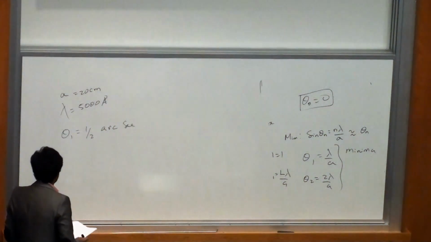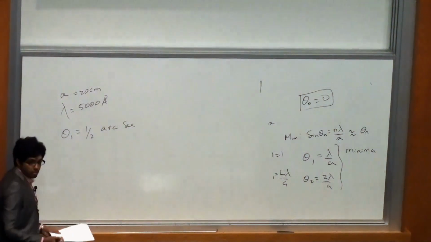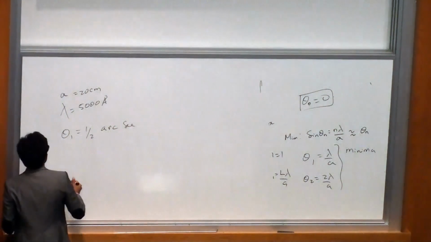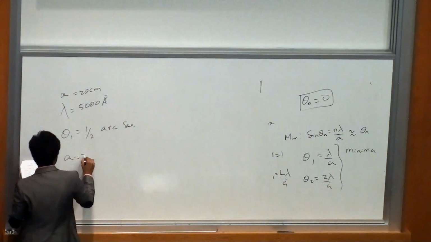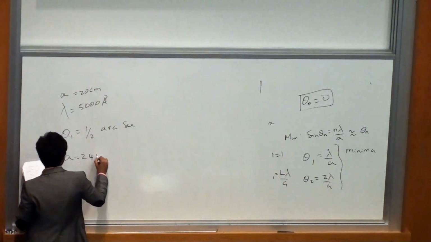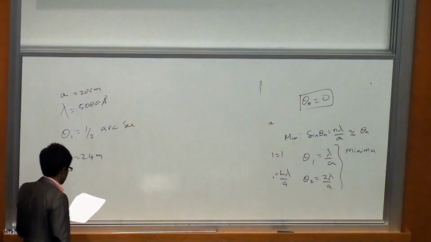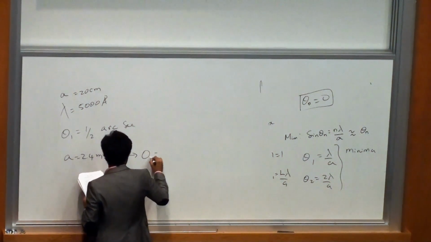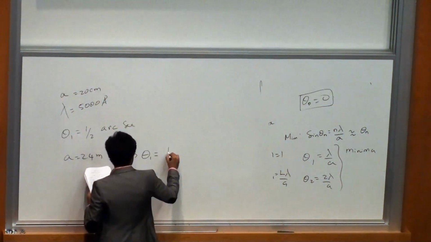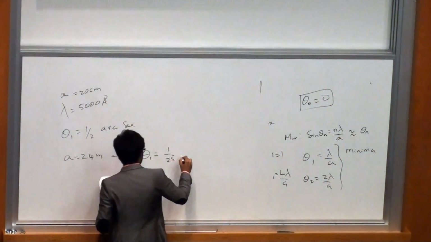If I take a much larger diameter for the telescope or the lens, and my a is, let's say, 2.4 meters, so about 12 times larger, then the angle I get, my theta 1 here, is going to be 1 over 25 arc seconds.